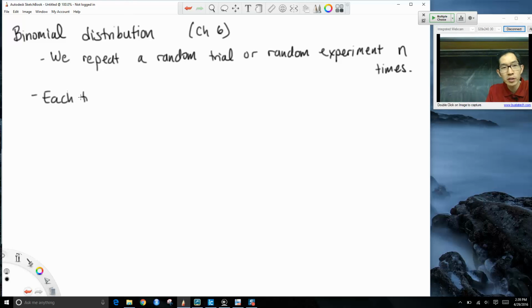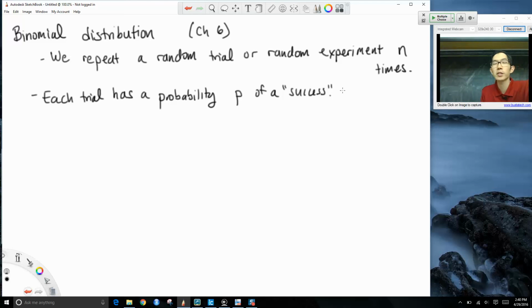Each trial has a probability p of a quote-unquote success. Success is an arbitrary label.